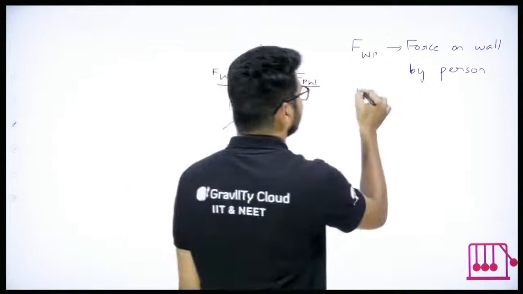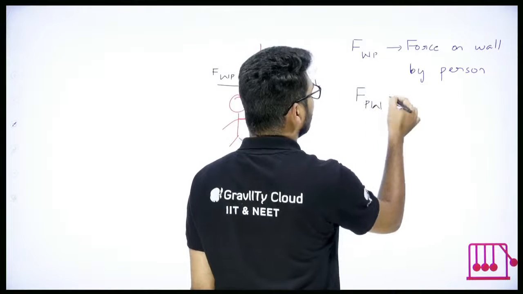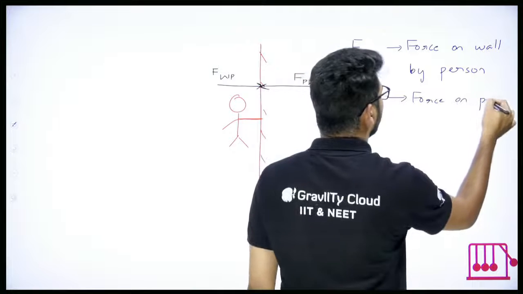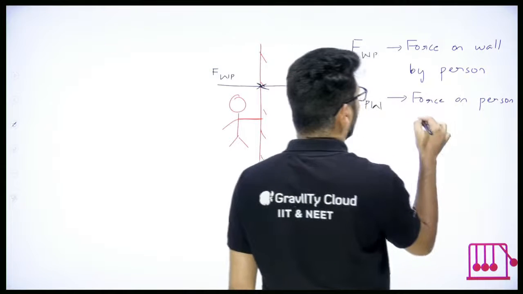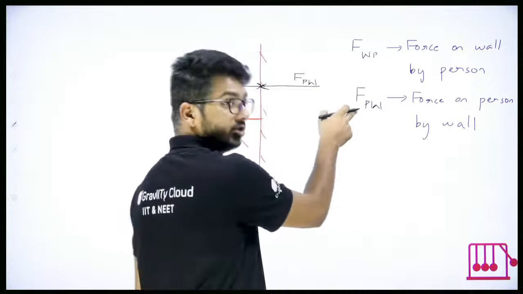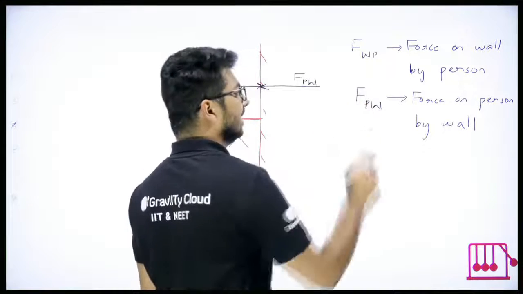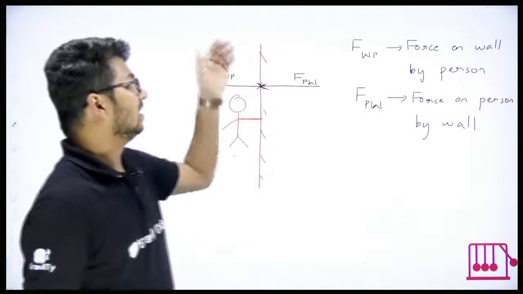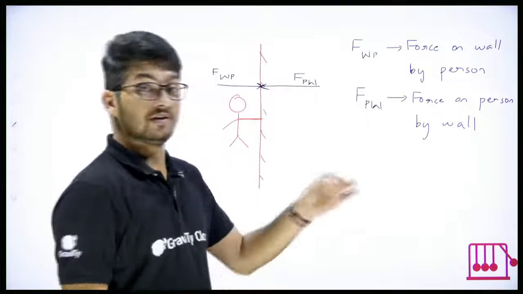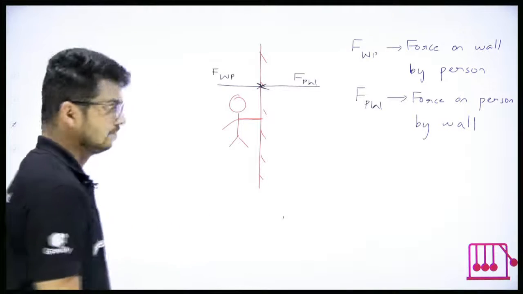And then when I write it as FPW, it means what? Force on person by wall. First comes on, second comes by. So first comes on, force on person, second comes wall, for by wall. Simple. That is the naming convention. That is the meaning of the symbol. That is the proper way of writing it down.